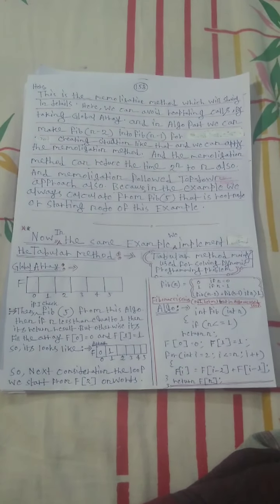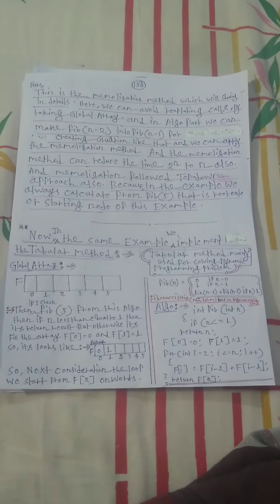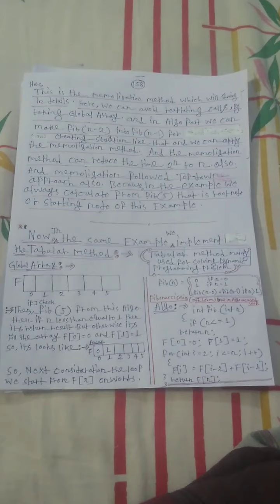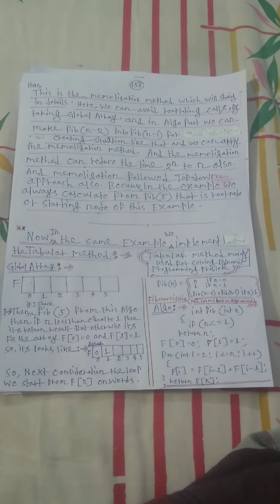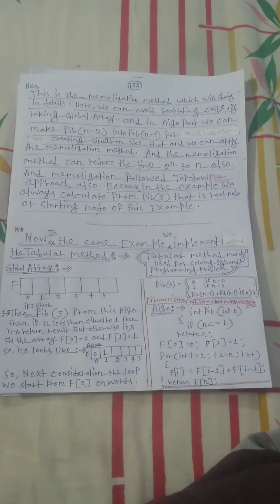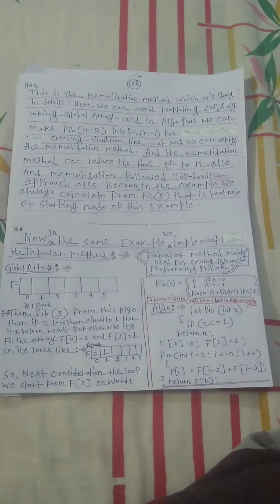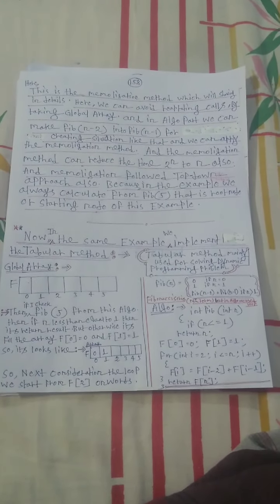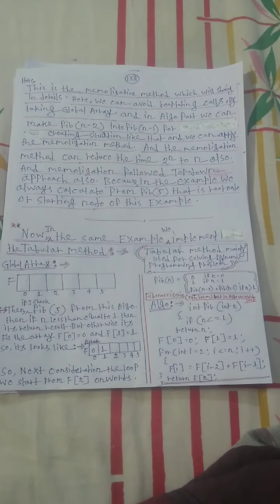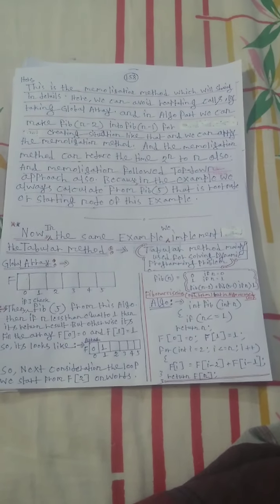If I check fib 5 with this algorithm: if n is less than or equal to 1, it returns the result; otherwise it fills the array with f0 equal to 0 and f1 equal to 1, which are already predefined. You can put this array into table format.